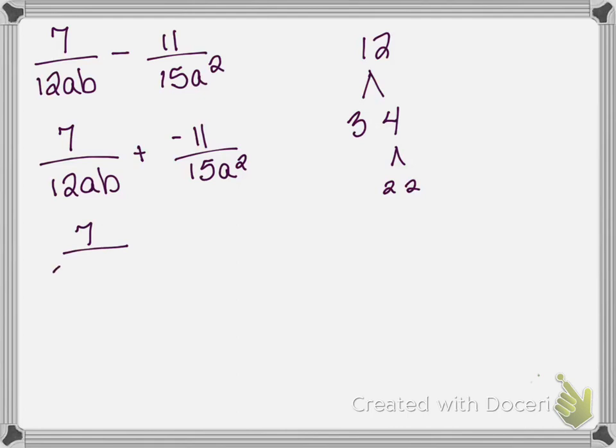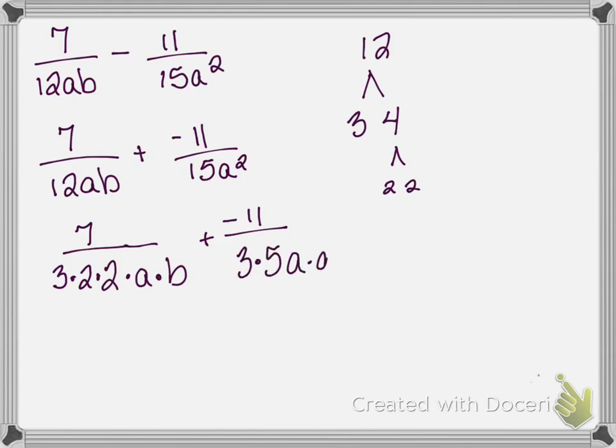So 12 is 3 times 2 times 2. And that's going to be important because we've got to account for both of those 2's. Then I have times A times B. This is plus negative 11. What does 15 break down to? Good. 3 times 5, and then I have A times A.